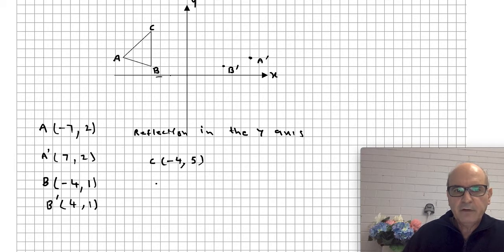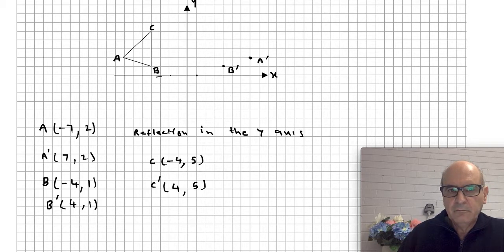Now if I want C dash with reflection in the y-axis, just x changes in sign. So negative becomes positive, y becomes the same. So x 4, y 5. So x 4, start from here, go to the right by 4. 1, 2, 3, 4, and then 5 up. 1, 2, 3, 4, 5. You get that? That is C dash.